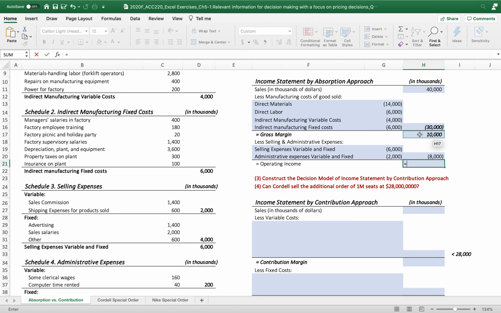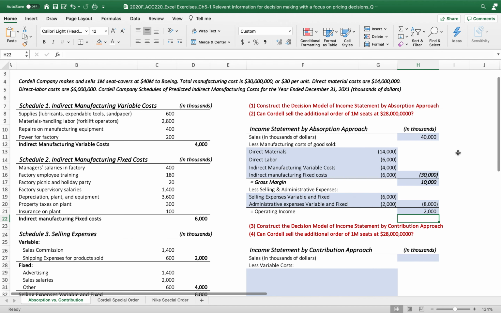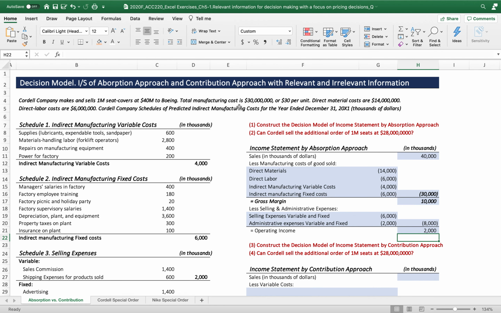Then how much is operating income? Yes, 2,000. Now we have to determine that the $28 million should definitely be greater than the manufacturing cost of goods sold.